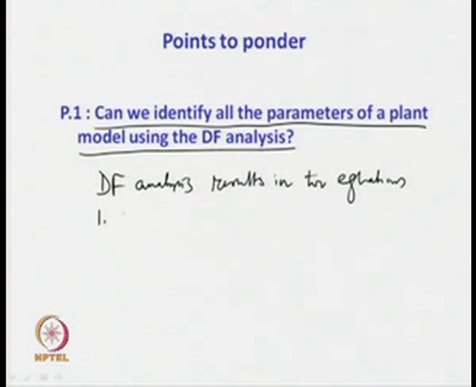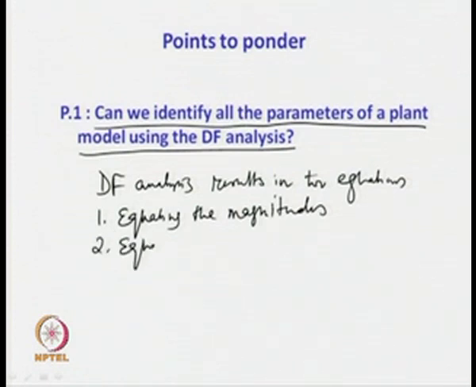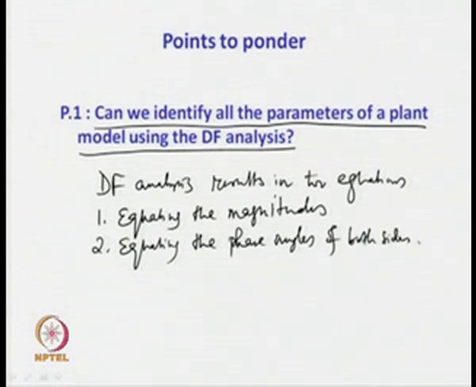The one equation you get from equating the magnitudes of both sides of the analytical expression, and secondly equating the phase angles of both sides of the analytical expression obtained with the describing function. So, basically you will get a limited number of analytical expressions, therefore, it may not be possible to identify all the parameters of a plant model using the describing function analysis.